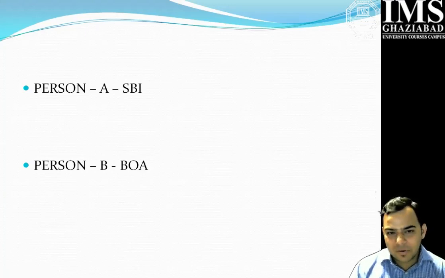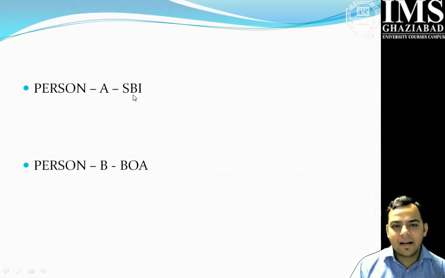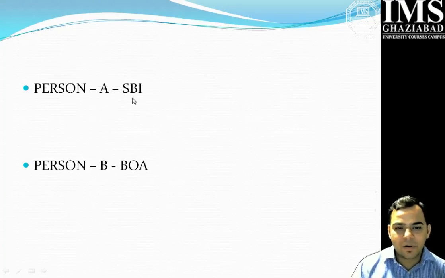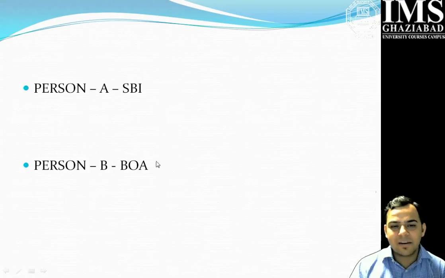Now what does SWIFT actually do? The SWIFT code will be generated by SBI, and this code will be transferred to Bank of America, to ensure that some payment is coming from person A to person B. Person A has an account in SBI and person B has an account with Bank of America.